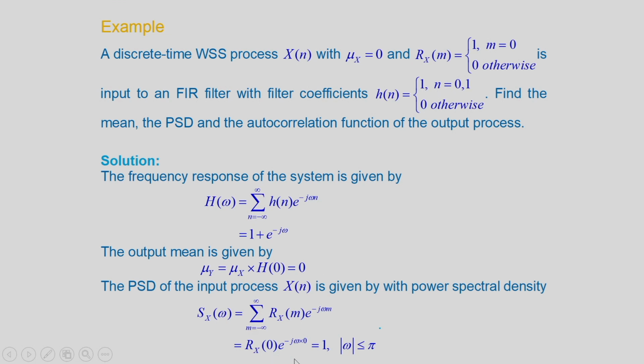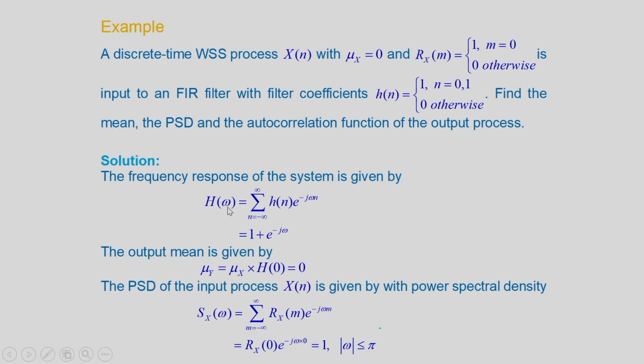Therefore, we have h(0), that is 1 into e^(j omega 0), that will be equal to 1, plus h(1), that is 1 into e^(-j omega) into 1, that is e^(-j omega). So, H(omega) will be 1 plus e^(-j omega).